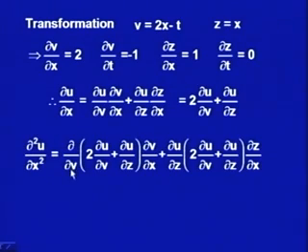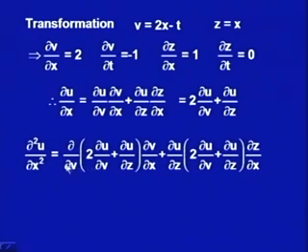So, we are again differentiating with respect to v and z: ∂/∂v of (2 ∂u/∂v + ∂u/∂z) times ∂v/∂x, plus ∂/∂z of (2 ∂u/∂v + ∂u/∂z) multiplied with ∂z/∂x. Again ∂v/∂x is 2 and ∂z/∂x is 1.